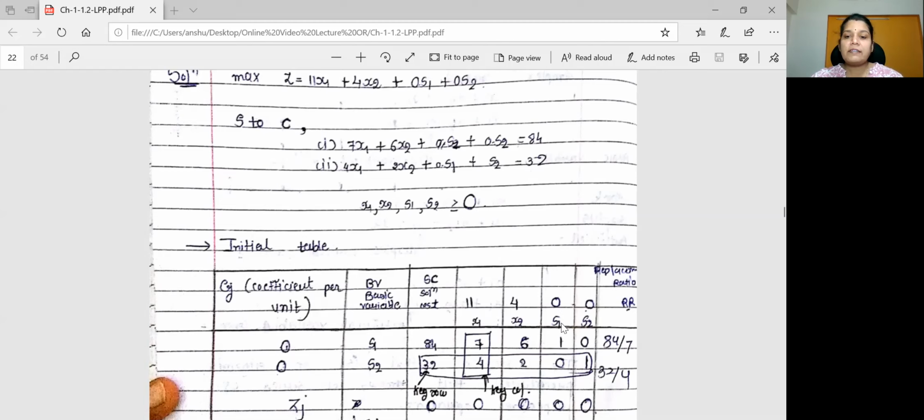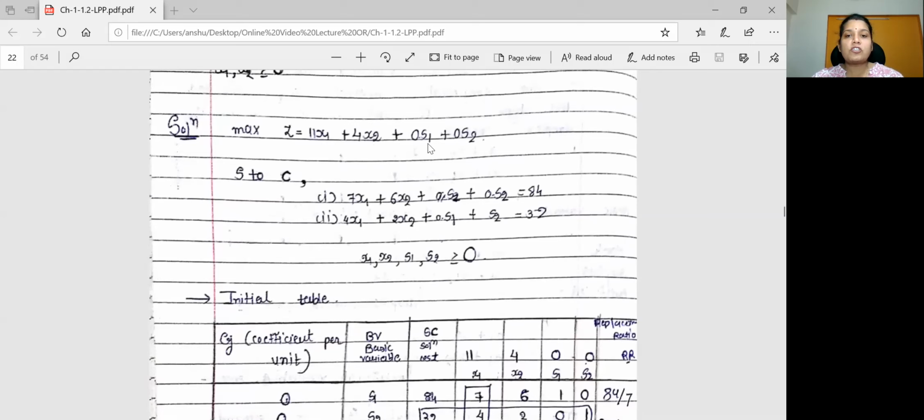Again, on the upper side write x1, x2, s1, s2. All these values depend on our objective function. Got it? So the coefficient of x1 is 11, the coefficient of x2 is 4, the coefficient of s1 is 0, and the coefficient of s2 is 0.